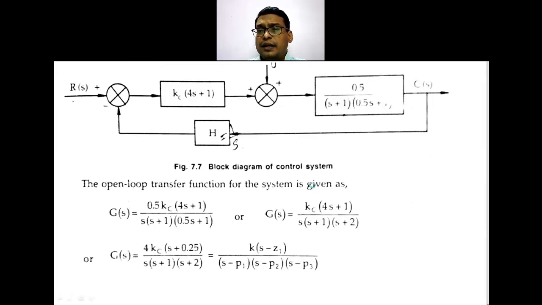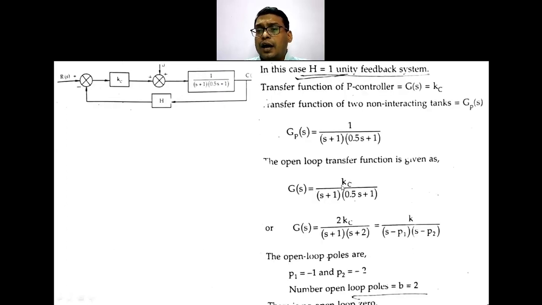Then you have only the denominator value. In the numerator, there is no value, so there is no open loop zero. A will have the value of 0.